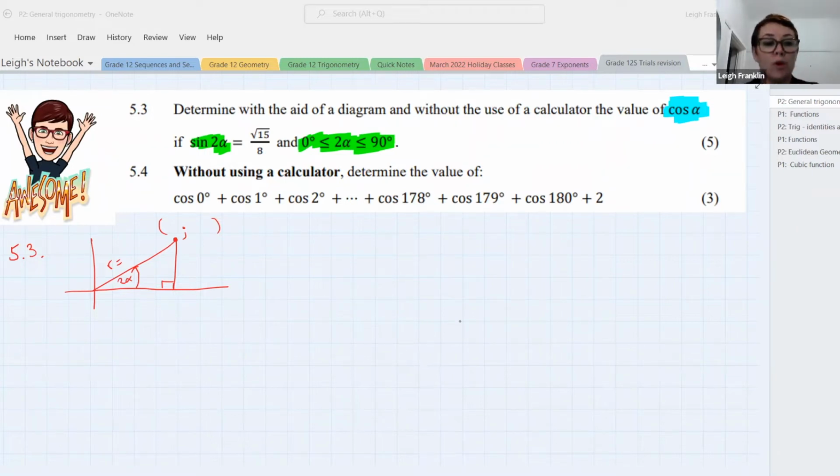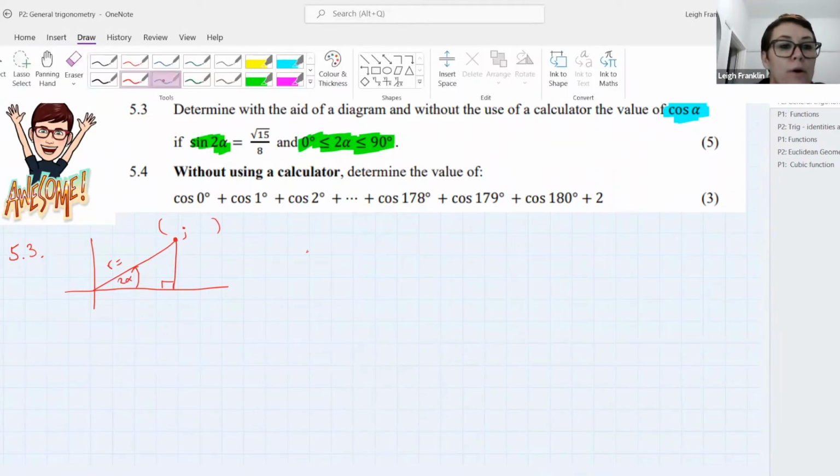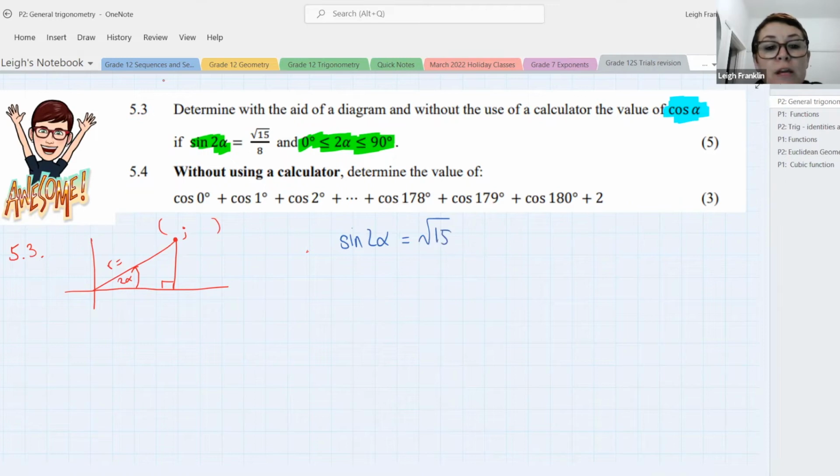Okay, so remember guys, if we are given sine 2 alpha is root 15 over 8, we interpret sine of any angle as y over r. So that means it's the x coordinate that's missing.